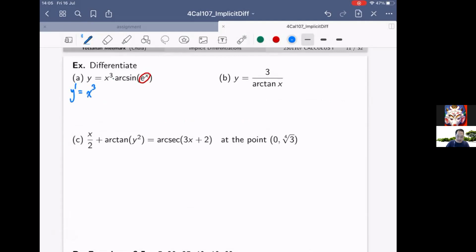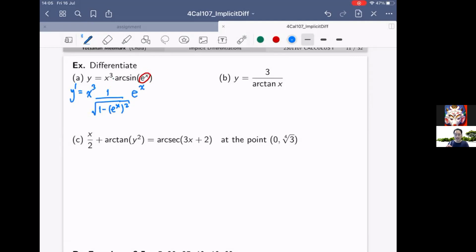The derivative of the arcsine is 1 over the square root of 1 minus u squared, and your u is e to the x, and then the derivative of the inside, which is e to the x. So you have e to the x multiplied.